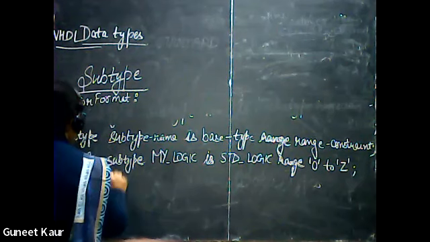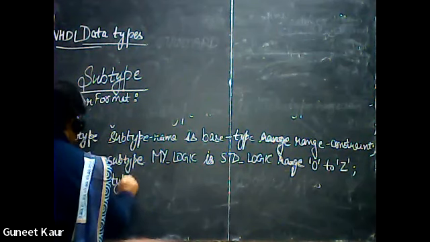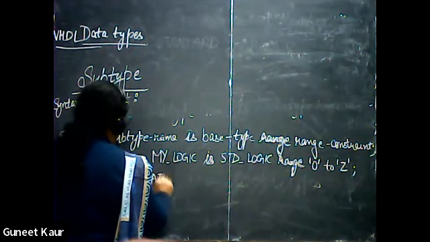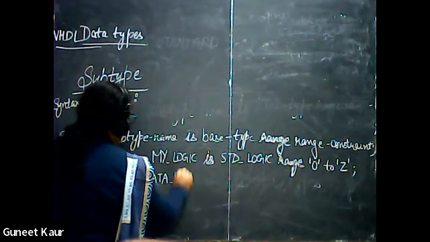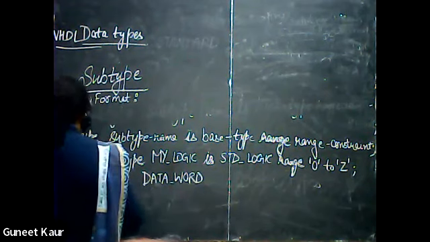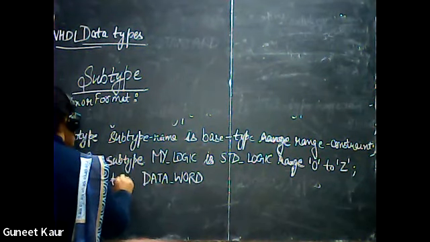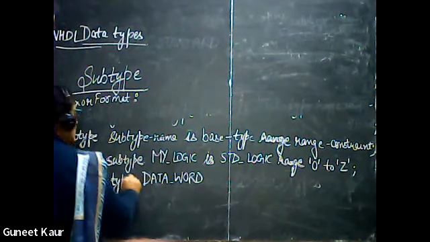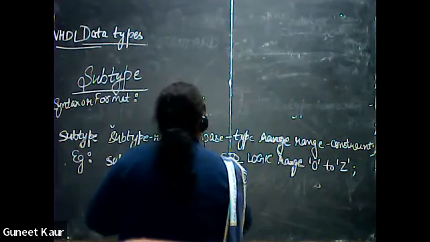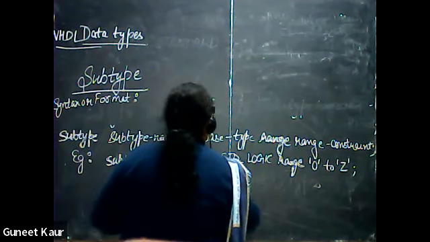Next example is type data_word. Type should be bold. Data_word is should be highlighted.